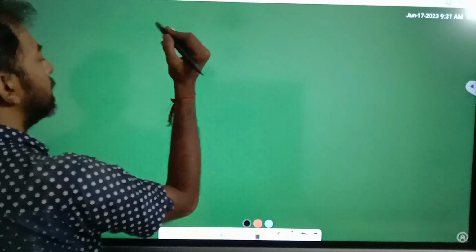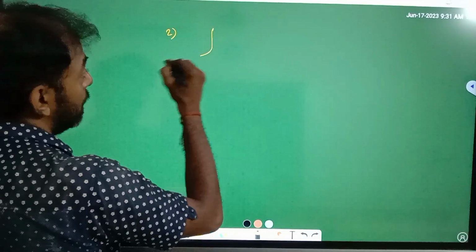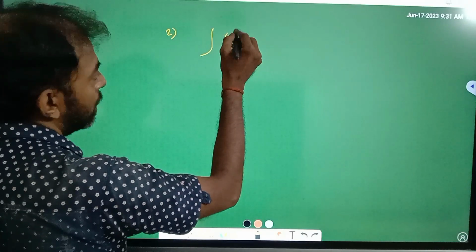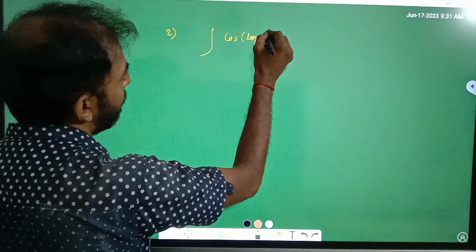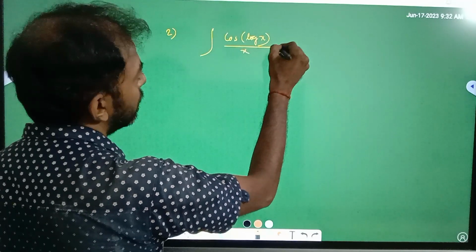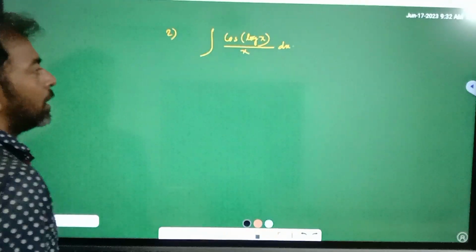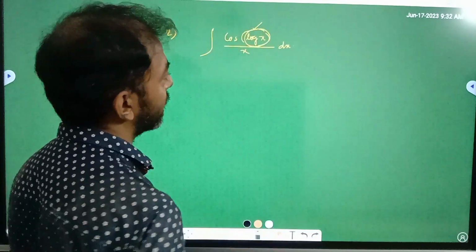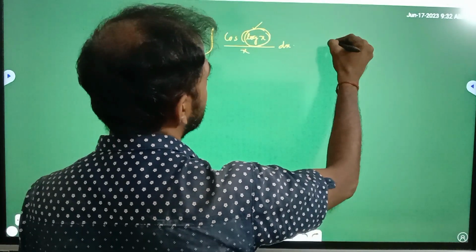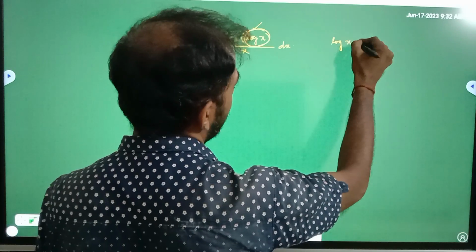Say it has been given: the integration of cos log x by x dx. That is the given integral. If we look at it, there is a log x here.